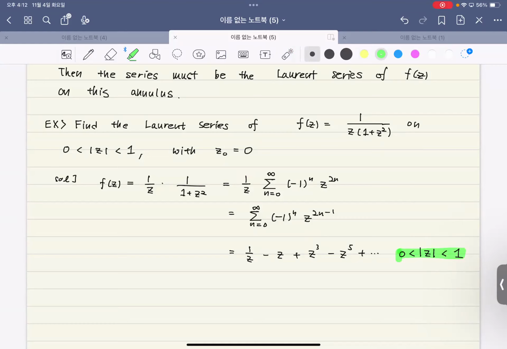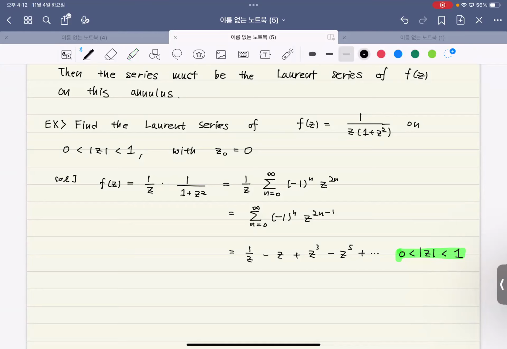And we were able to find a series representation of this function. The uniqueness theorem guarantees that this must be the Laurent series of the given function. Isn't that great? This reduces a lot of computational effort when you try to find the Laurent series.